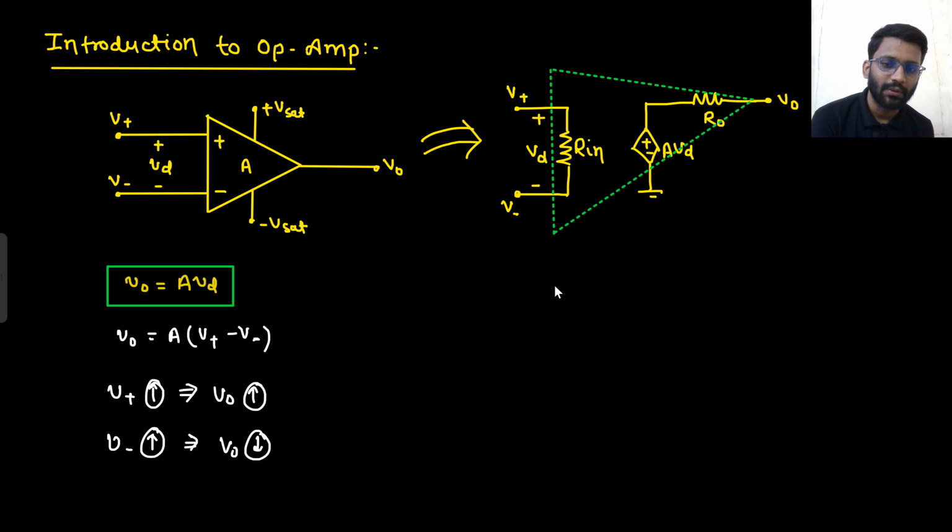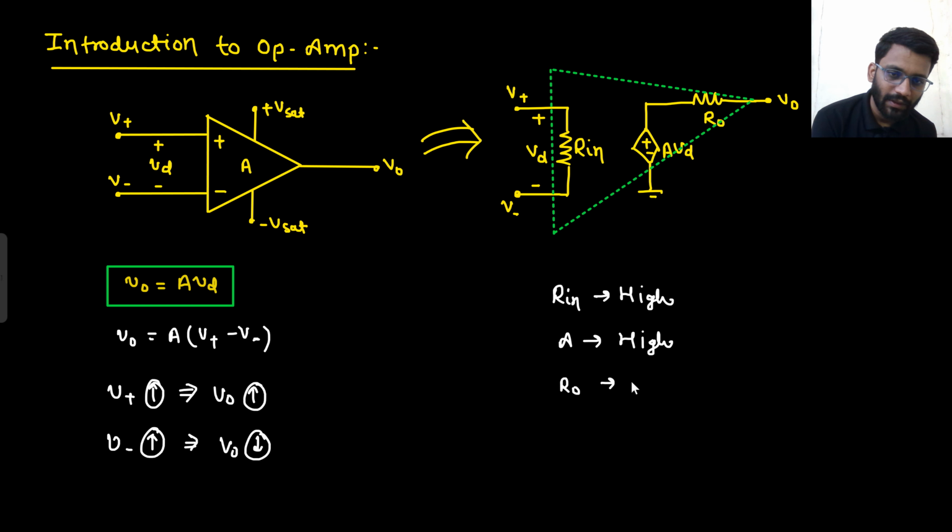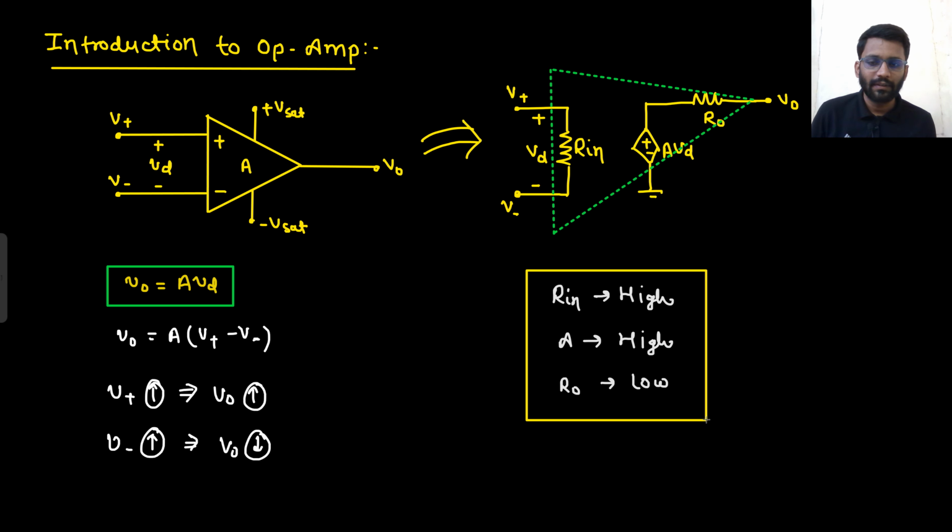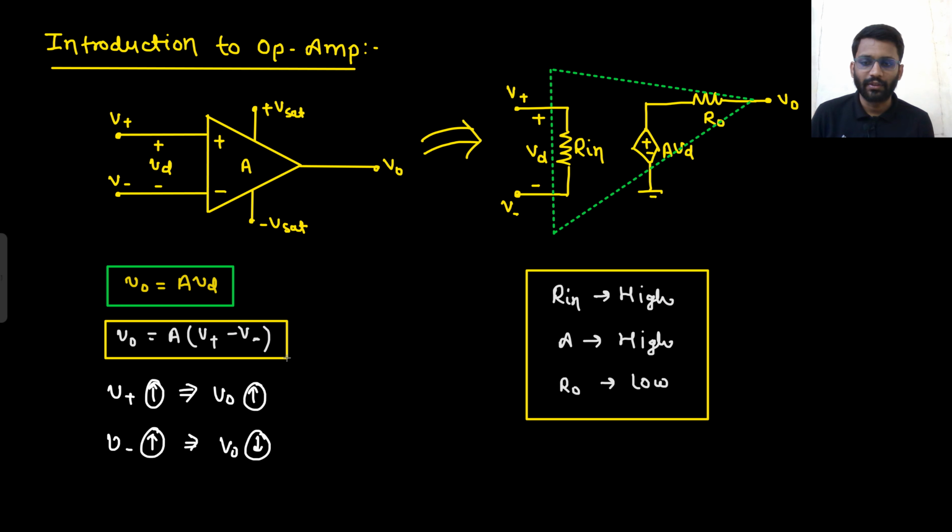For an OpAmp, Rin is high, the gain is also high, and R naught is low. For ideal, Rin will be infinity, the gain will be infinity, and R naught will be 0. Well and good, very easy. And you can also write V naught equals A times V positive minus V negative.